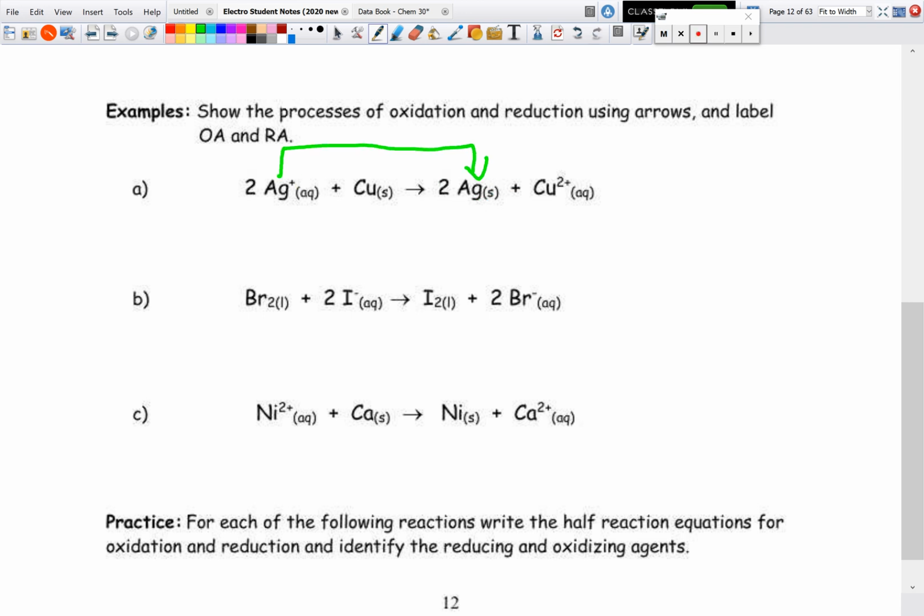That positive charge had to go somewhere, so it is being reduced. In this half reaction, our copper starts with no charge and goes to a 2+ charge, so copper is being oxidized. That makes my solid copper my reducing agent, and my Ag+ my oxidizing agent.